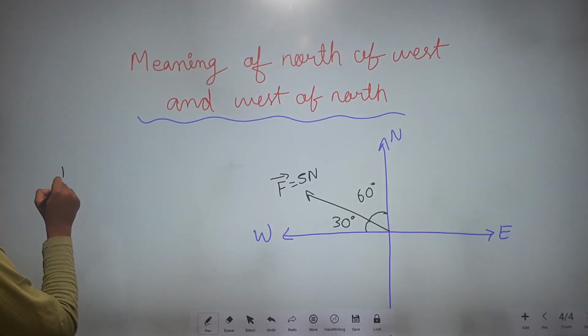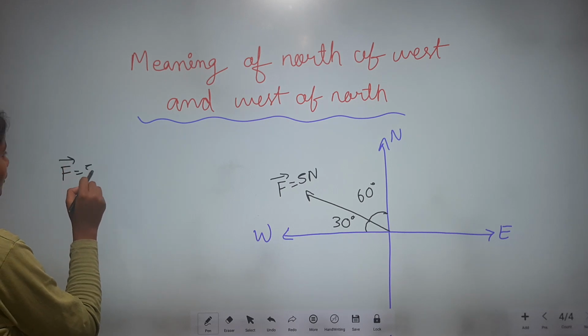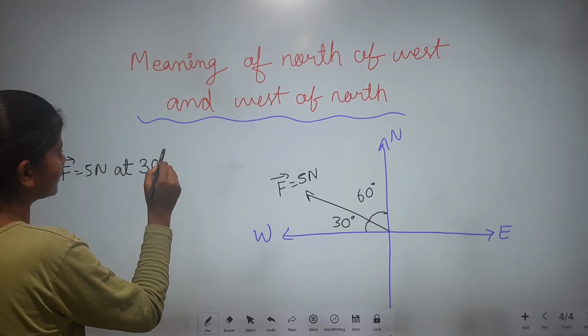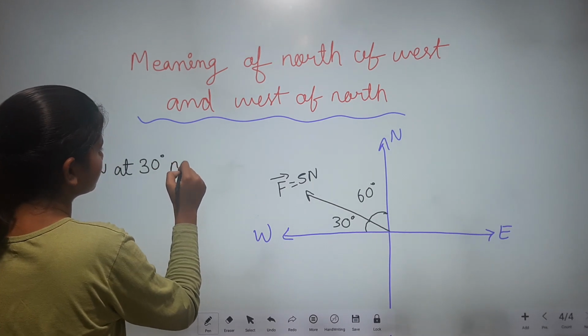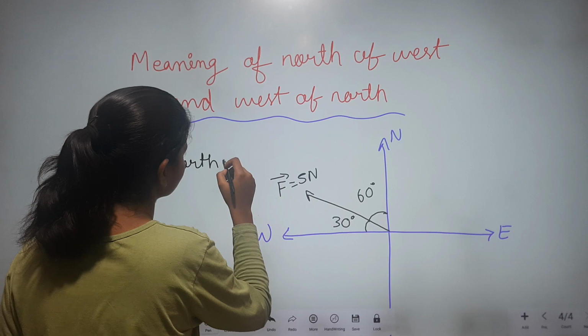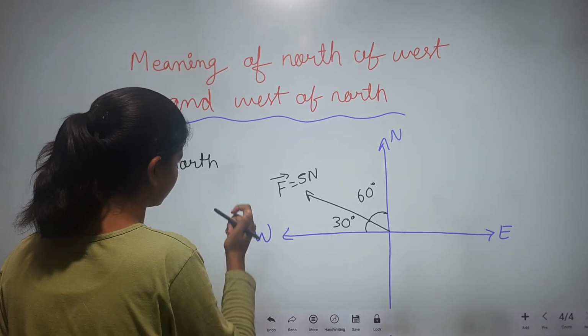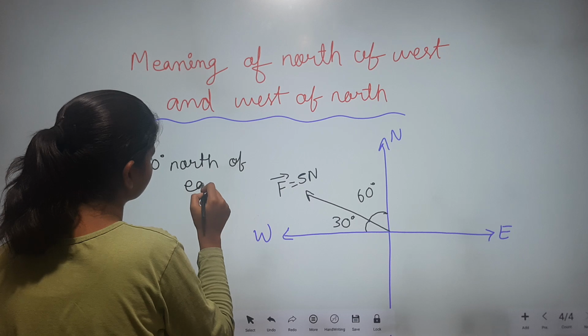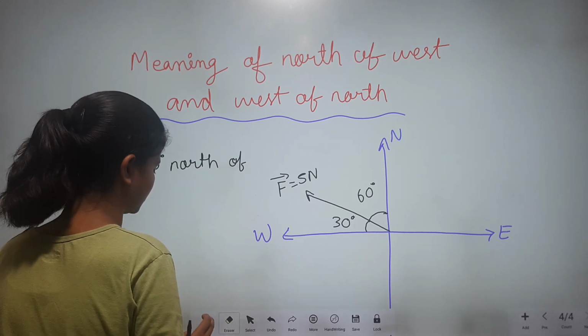So here we can write force is equal to 5 Newton at 30 degree north of west. Okay, north or west.